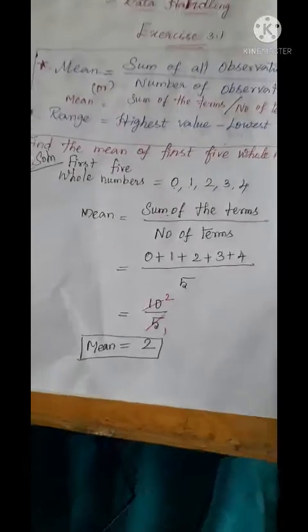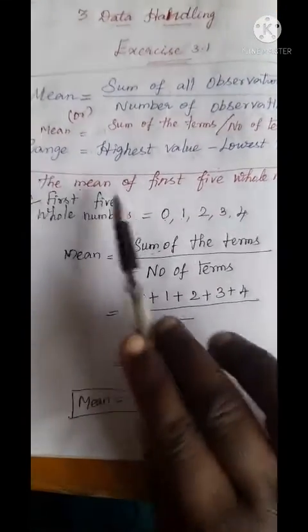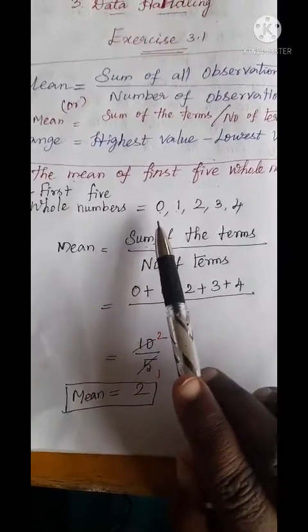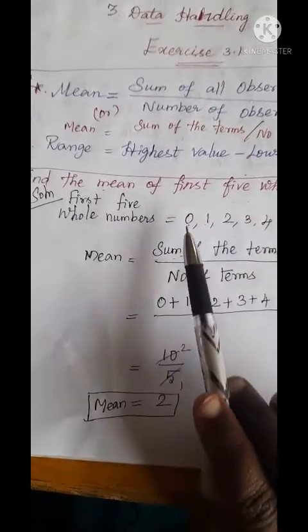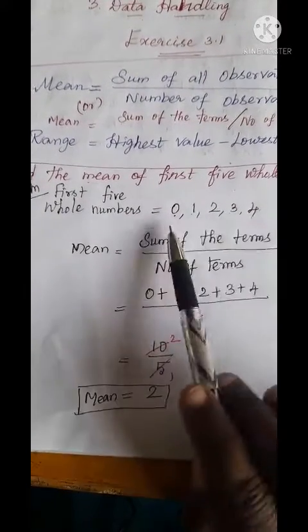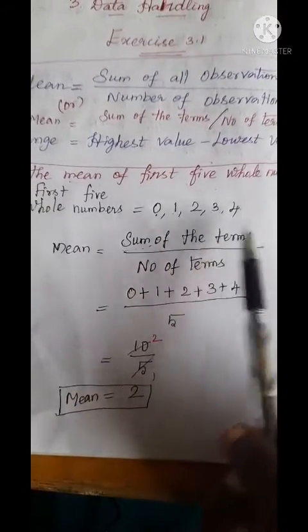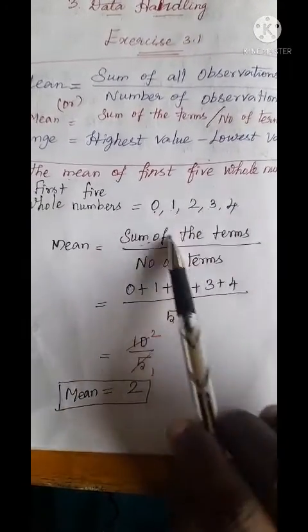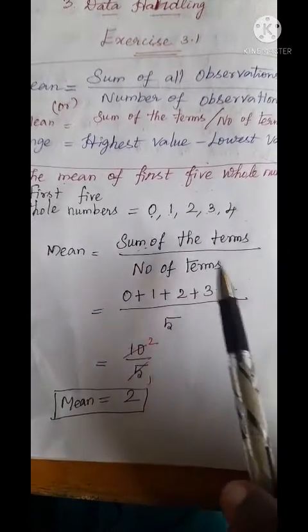Okay, find the arithmetic mean of first 5 whole numbers. You know that it starts from 0, 1, 2, 3, 4. First 5: 1, 2, 3, 4, 5. There are 5 numbers. So for the mean formula, we know that sum of the terms, sum of the observations, whatever you can write, divided by number of terms.